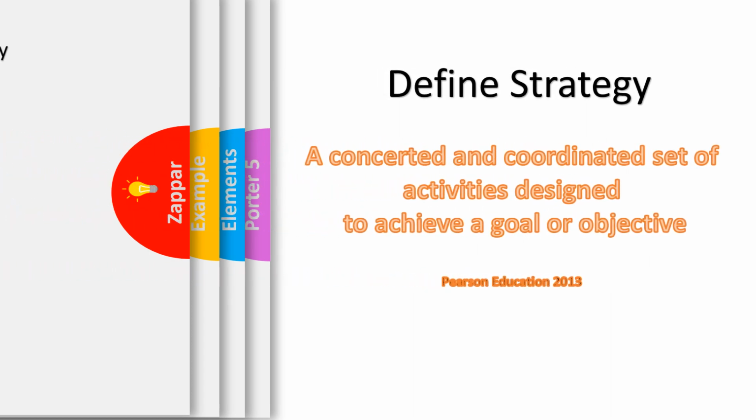So if we look at a definition of strategy, one definition is a concentrated and coordinated set of activities designed to achieve a goal or objective. And we must bear in mind that in the private sector, you're there to make a profit, and you're there to be in business for the long term. You don't want to be in business for 1 or 2 years or 2 to 5 years.